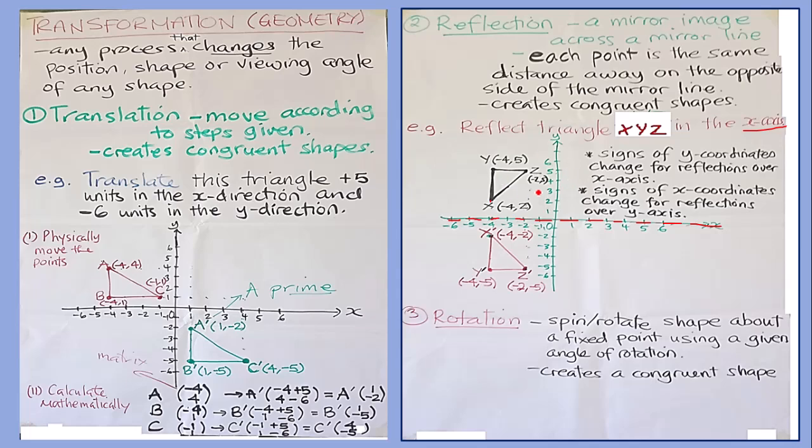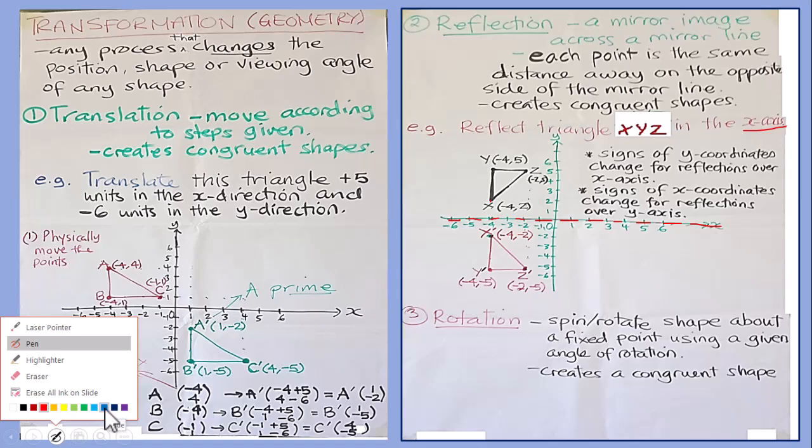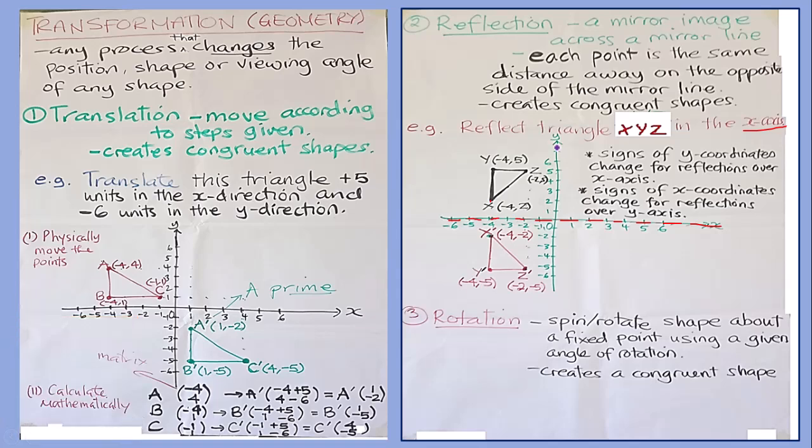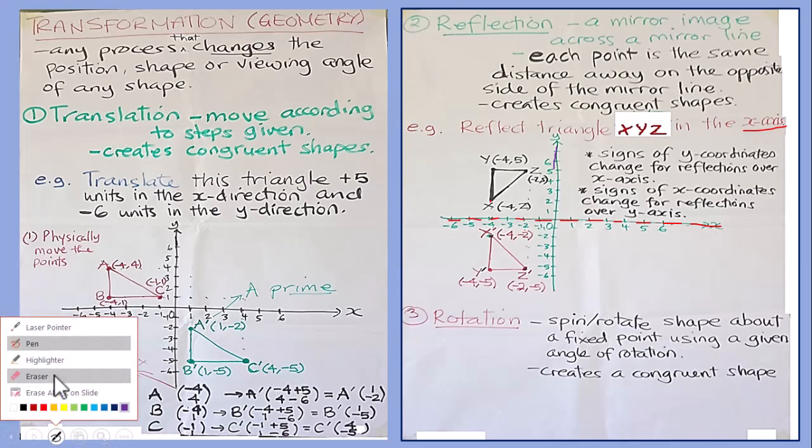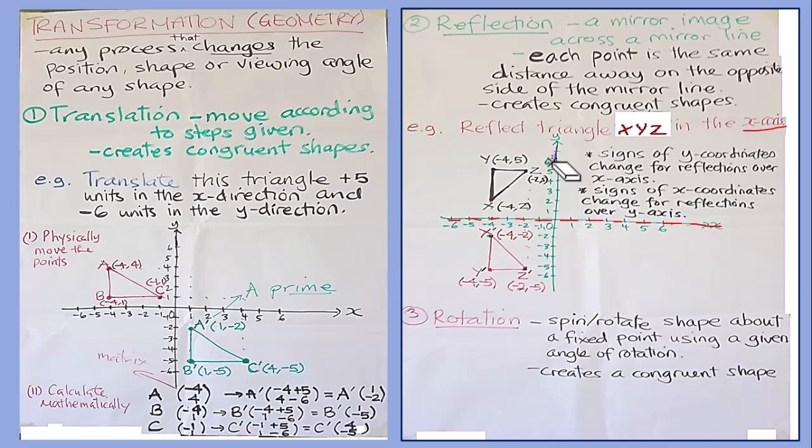Okay, if the mirror line was the y-axis, let's use a different color. If the mirror line was the y-axis, oopsie daisy, my line is not straight. Okay, let's try again.